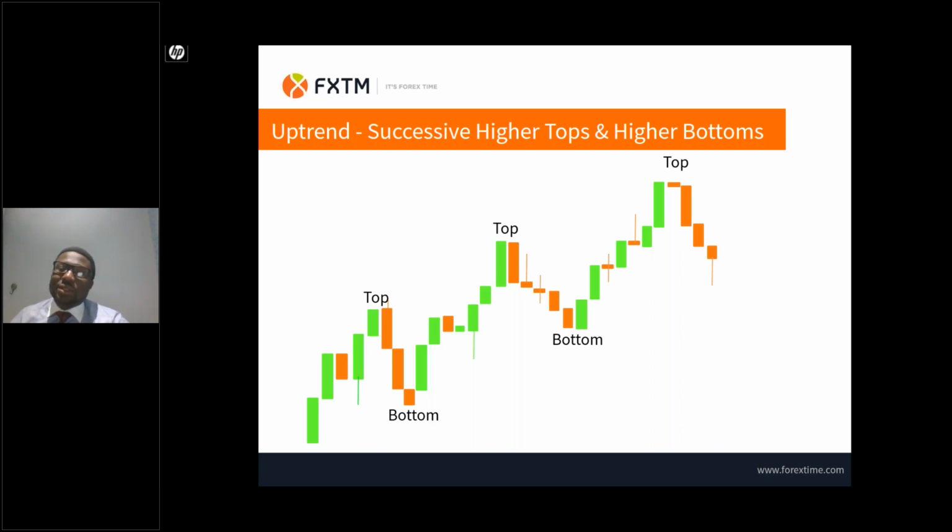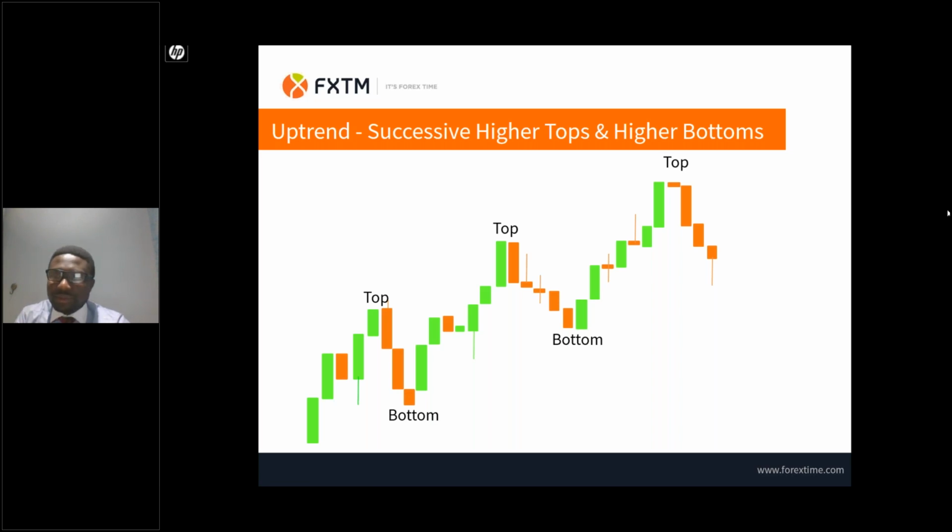The current top is higher than the previous top, and the current bottom is higher than the previous bottom. When this happens, we say we are in an uptrend. Successive means it has to be 2 or more. So I should have 2 or more tops and 2 or more bottoms increasing in that manner. The tops are rising and the bottoms are also rising.